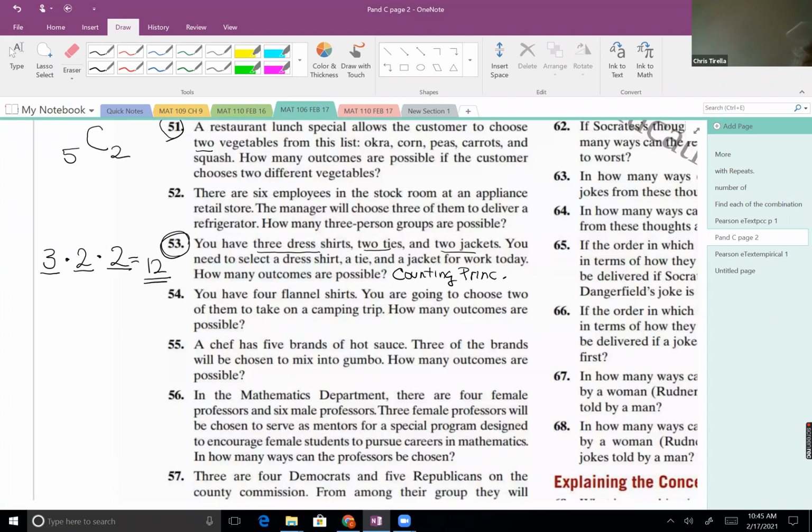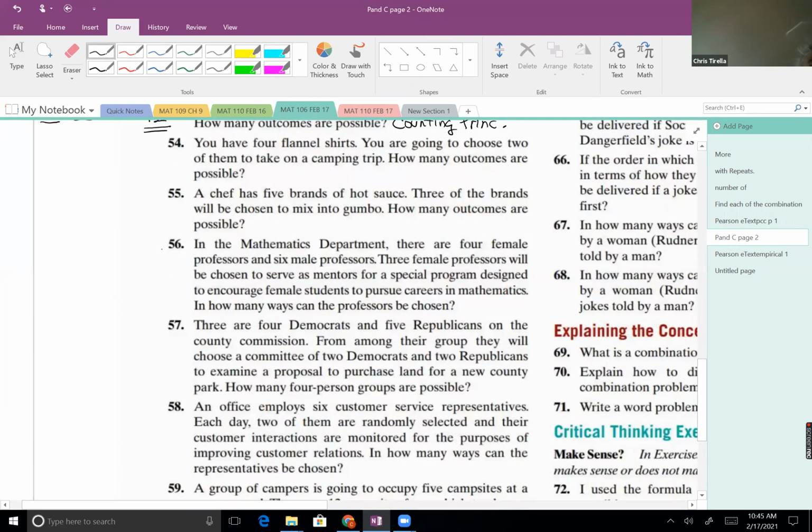And then there are some, like question number 56, that's both, that's a B, counting. It says in the math department, there are 4 female professors and 6 male professors. 3 female professors will be chosen to serve as mentors for a special program designed to encourage female students to pursue careers in mathematics. I apologize, I picked the wrong question.